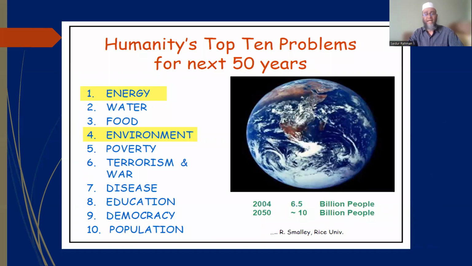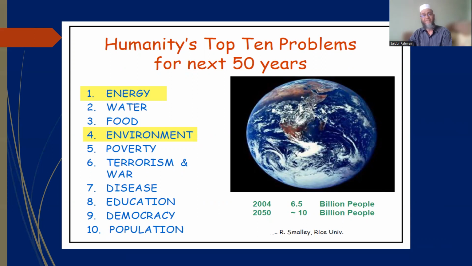This is the analysis done by Professor R. Smalley from Rice University. He is one of the Nobel laureates. He identified through extensive research studies the top 10 global problems for the next 50 years for humanity.